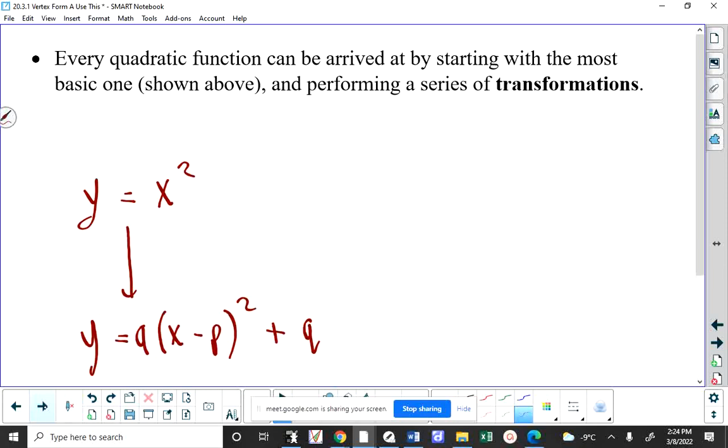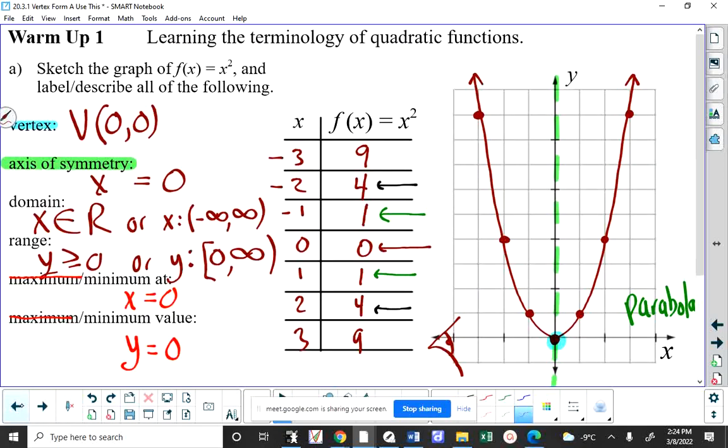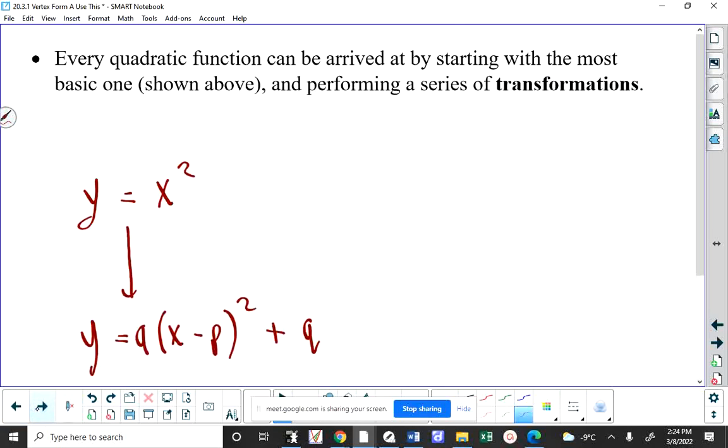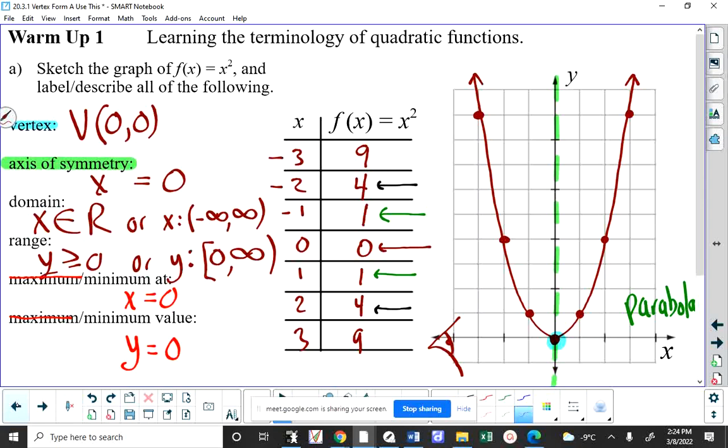So when we multiply y equals x squared by a number called a, this graph changes. It's different. When we don't have x squared, but we have x minus some number squared, this graph changes. And the same with q.